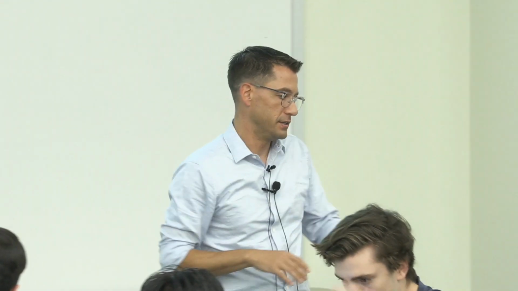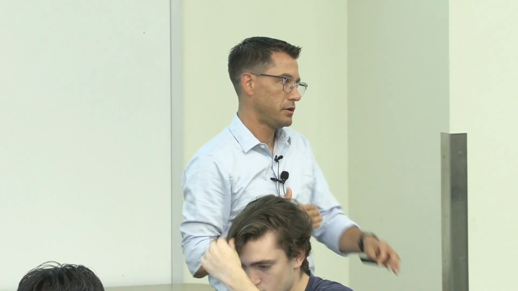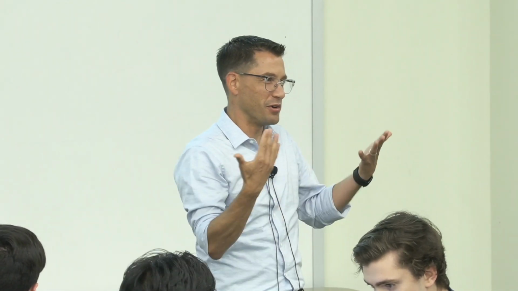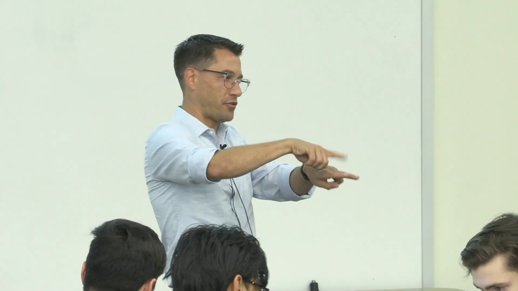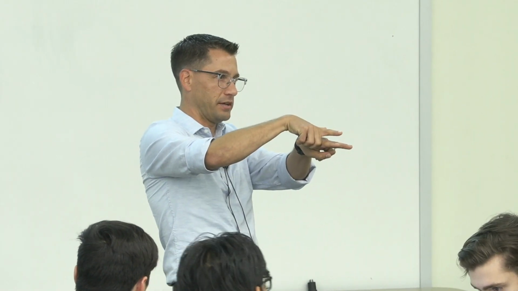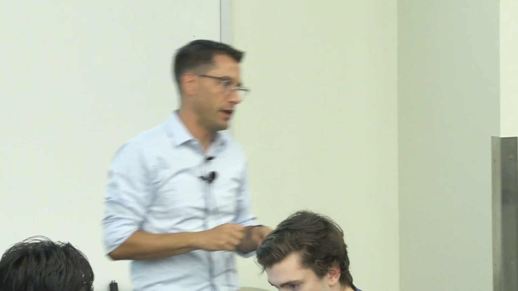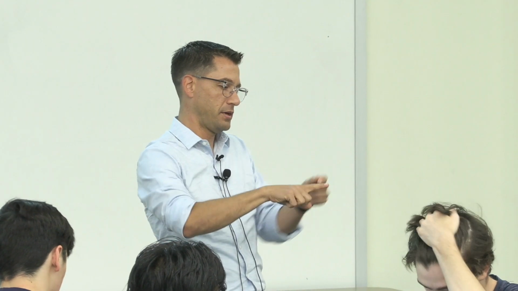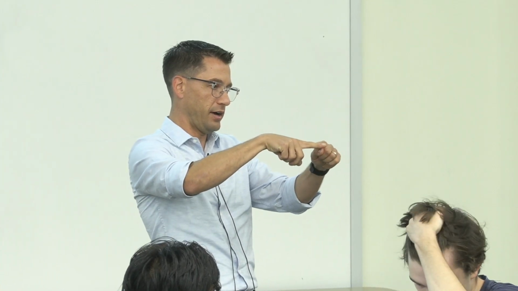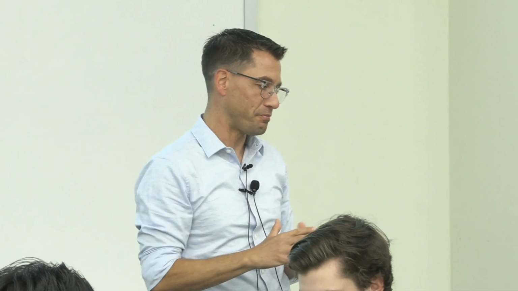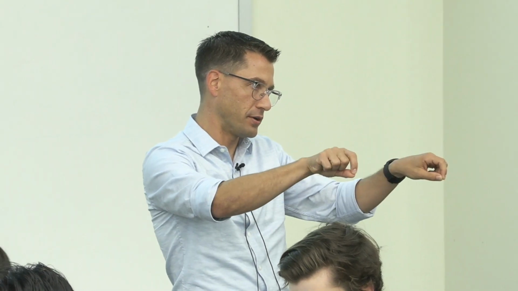A FinFET is a non-planar transistor device. If we look at transistors in most of our technologies, in early classes you might have seen a picture of a transistor. I'm going to try to do it with my fingers. You have your source and drain, and you have a gate running over the top, and the current runs in between. With a FinFET, you actually have active regions that are fins. You have your gate running out and these fins running through, so it looks like fins coming out of the gate of the transistor.